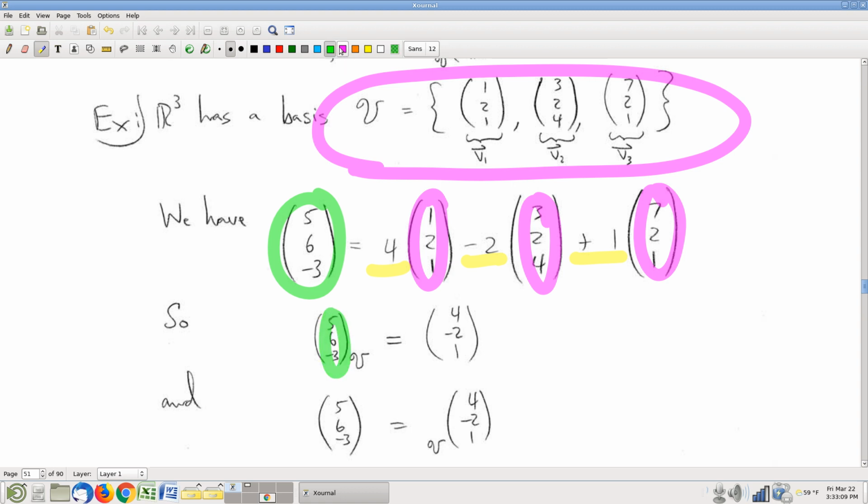This vector's coordinates with respect to that basis are these numbers. Or alternatively, this vector is the 4, negative 2, 1 linear combination of those basis vectors. So take your pick. All three of these statements say the same thing.